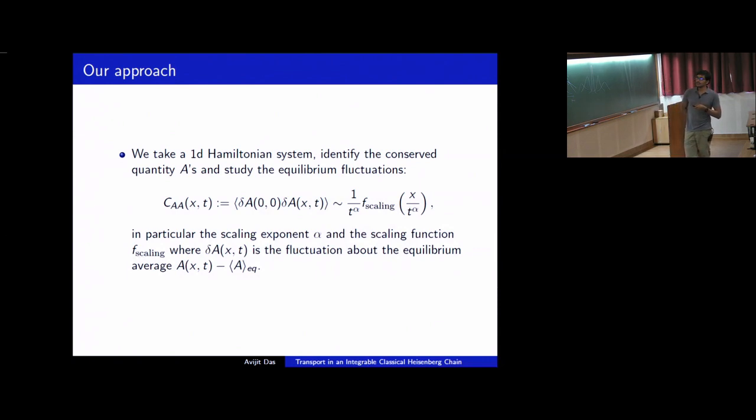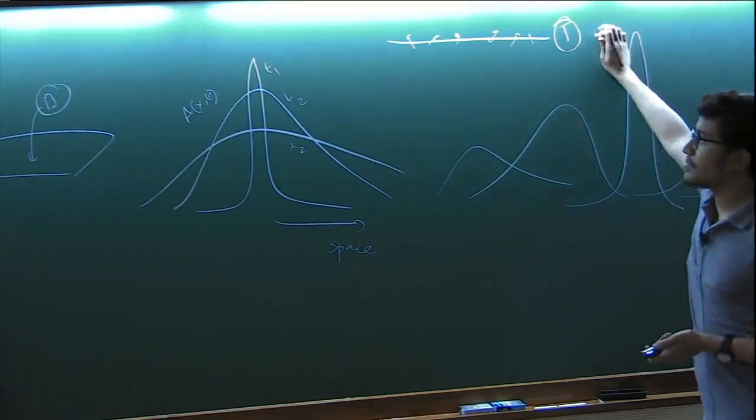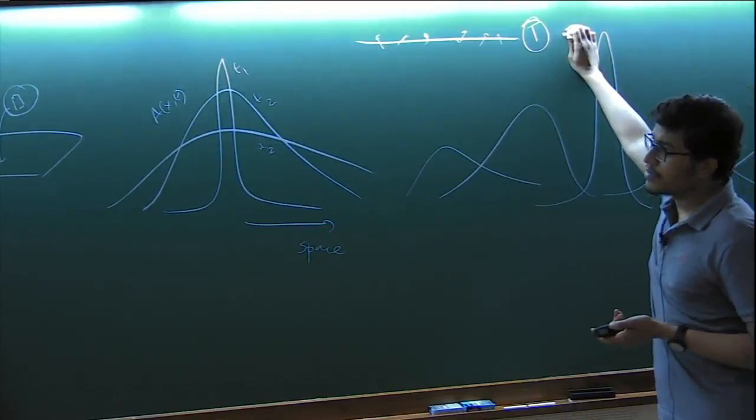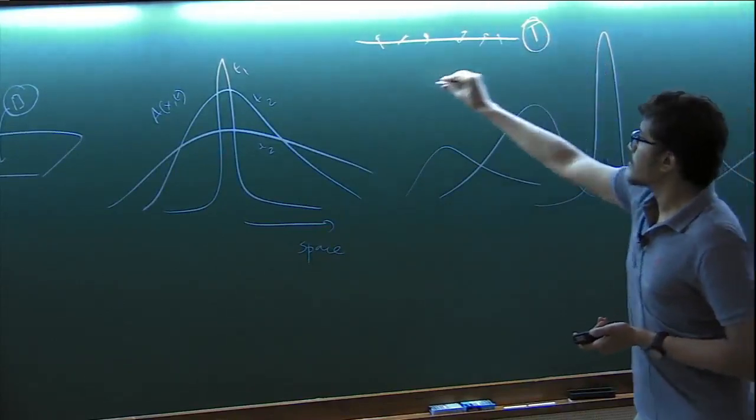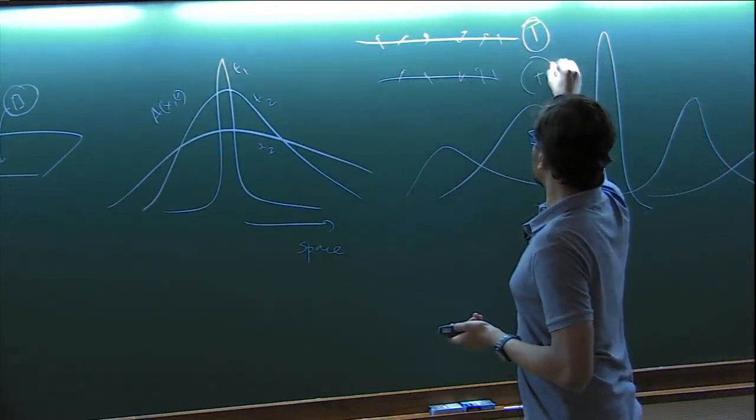Now there is a lot going on in this quantity. This quantity gives us equilibrium fluctuation. So you can ask what is A(x,t) and what is this average. We take some equilibrium system. What do you mean by equilibrium system? We give it some temperature. How do I give a temperature to a system? We do Monte Carlo simulation and we pick up some configurations at some temperature T. These are initial configurations.